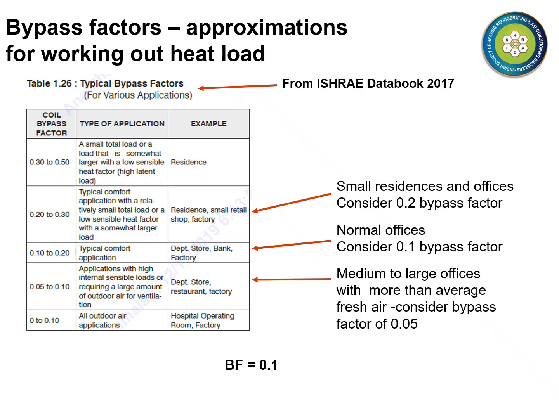Typical bypass factors for various applications are shown in table 1.26 of ISHRAE Databook 2017. In our example, we will assume BF equal to 0.1. Clearly, 10% of the fresh air heat load is bypassed into the room, while 90% is not.